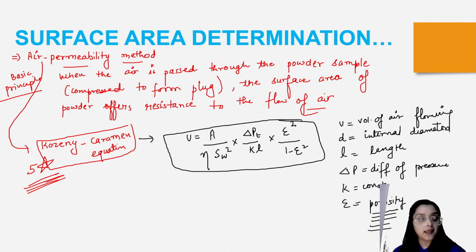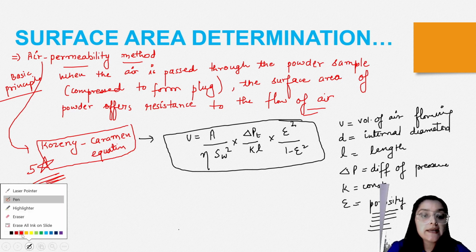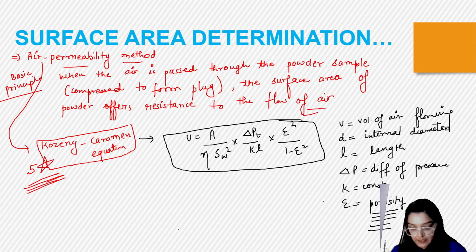Porosity is the measure of air spaces or voids between the particles. Okay, this yet again is another important method of surface area determination.